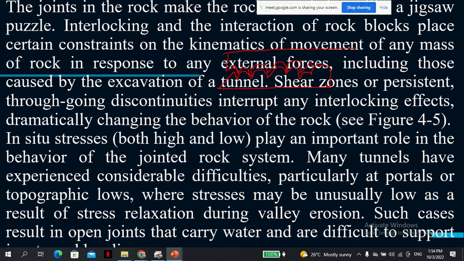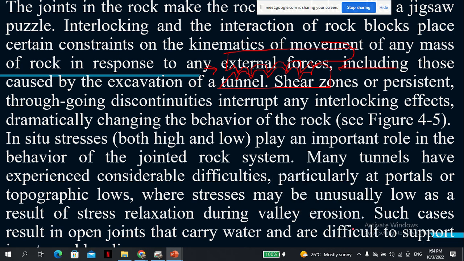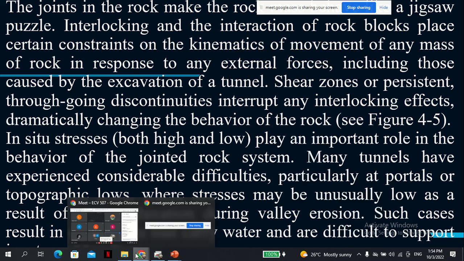And in fact, if this is acting as a rock mass, this rock will be as strong as the joints. So this is why, when you're characterizing it, you need to pay attention to the nature of the joints as well.